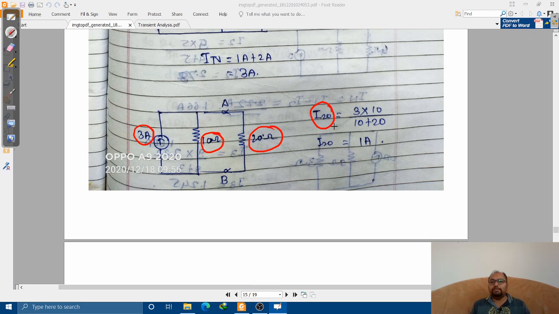So 3 multiplied by the opposite branch resistor 10 ohm divided by 10 plus 20, that is 30. So 1 by 3 into 3 is coming as 1 ampere. So 1 ampere is going to flow through this, that is I through 20 ohm, and 2 ampere is going to flow through this 10 ohm resistor. Great. I hope you understood this Norton's theorem as well.